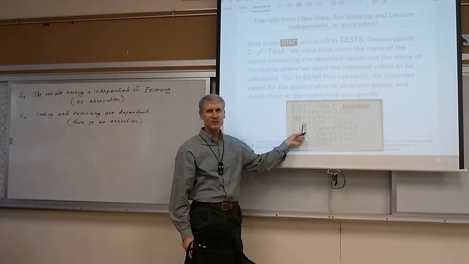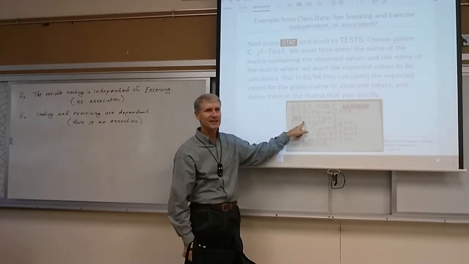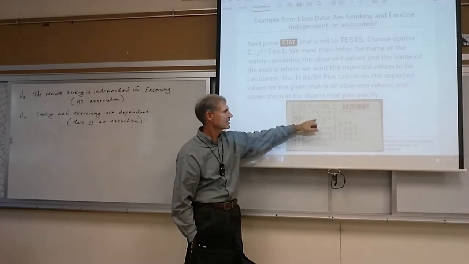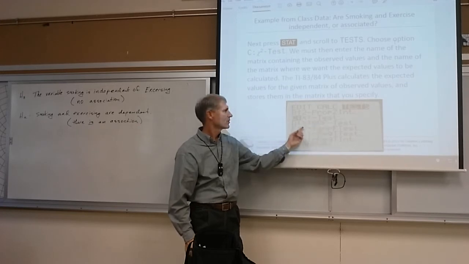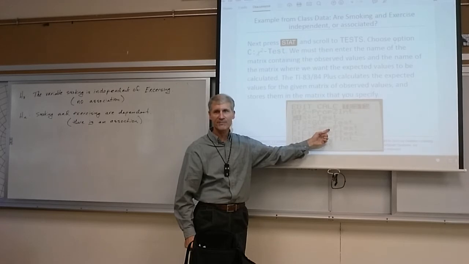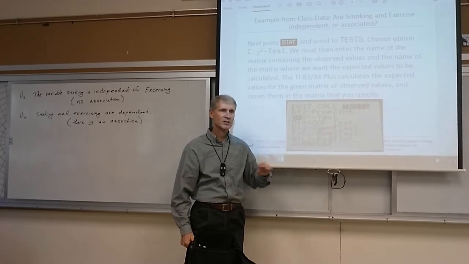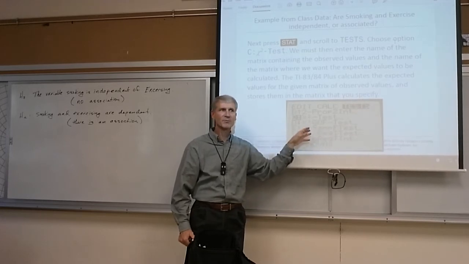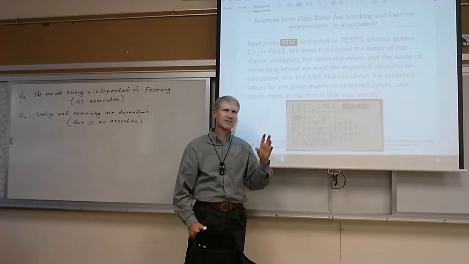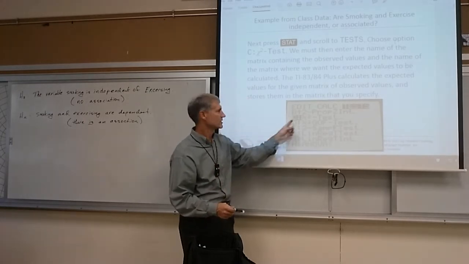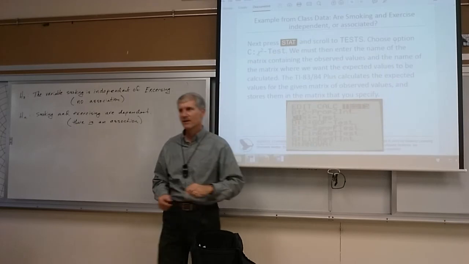The calculator is even worse at writing one of these Greek chi's than I am. That is a chi. It kind of looks like an X, but they tried to stretch it a little bit. So chi-square test. The one right below it is chi-square goodness of fit test, GOF, and that's section 10.6, which we skipped, so we won't use that one in this class. If you get that one by mistake, hopefully you'll see, well, this doesn't match what I'm used to seeing, and then hopefully you'll catch that mistake. So it's just chi-square test. So press enter on that.